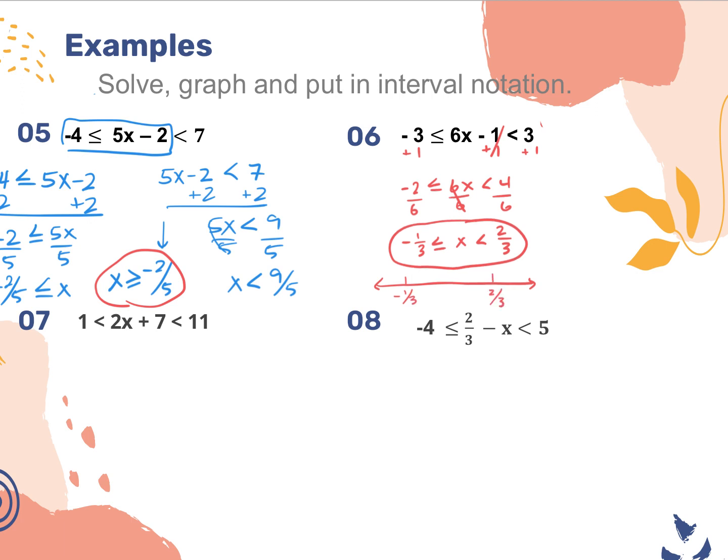My answer says that x is greater than or equal to negative 1/3, that means it's this way, and it's less than 2/3. So it's all the values in between, starting at negative 1/3 and ending at positive 2/3. Positive 2/3 takes a parenthesis, and negative 1/3 gets a bracket. And so that's the answer in interval notation.